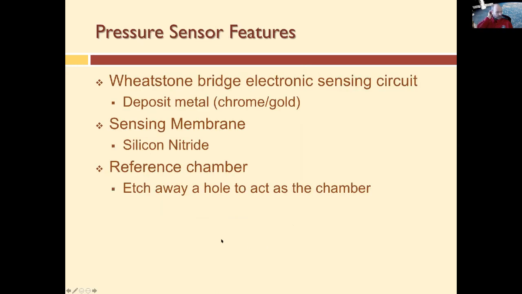Okay, so to make the electronic circuit, we need metal, and in this example we're using chrome and gold. And then the membrane is going to be made out of silicon nitride. And then the reference chamber is actually an etched chamber that's in the crystalline silicon wafer substrate.